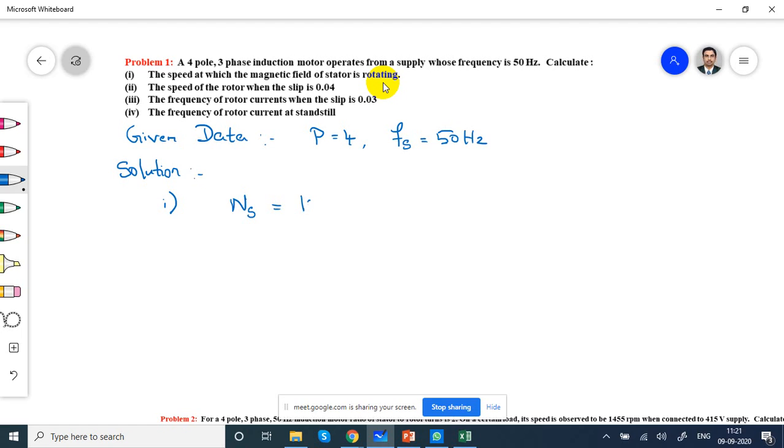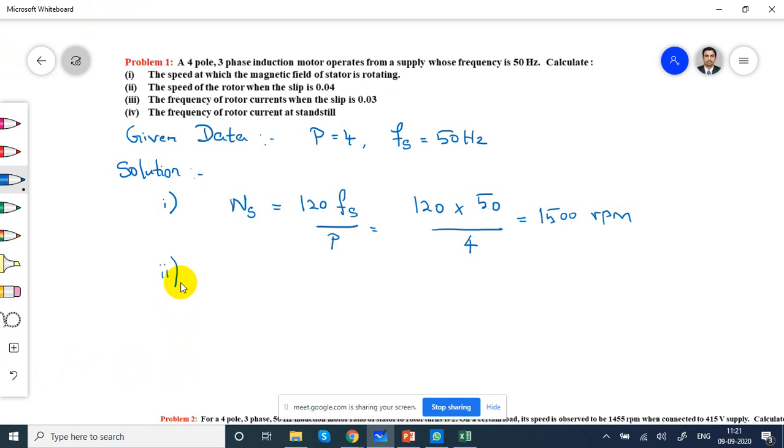Ns equal to 120 Fs by P, which is 120 into frequency 50 divided by pole 4. What is the answer? 1500 RPM. Okay, 1500 RPM.